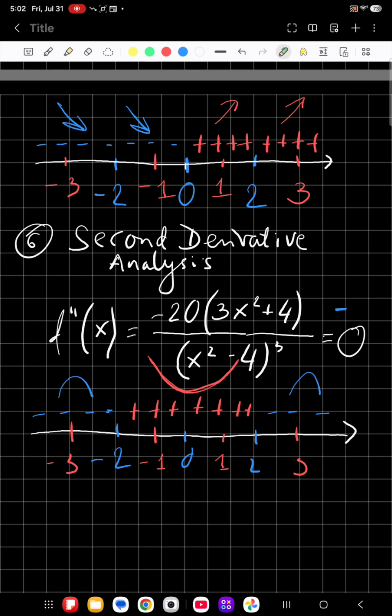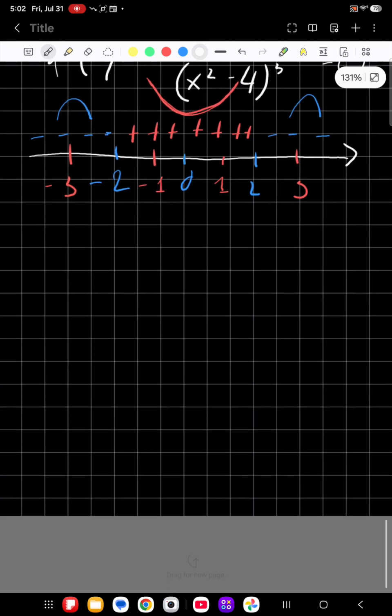Well, the answer is no. And then for these two, the problem here is that 2 and -2 are not in the domain. So there are no inflection numbers because they have to be in the domain.